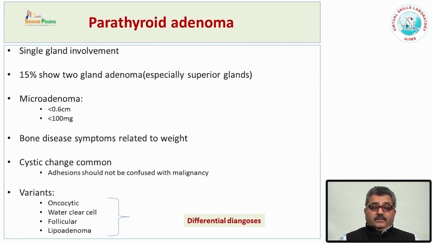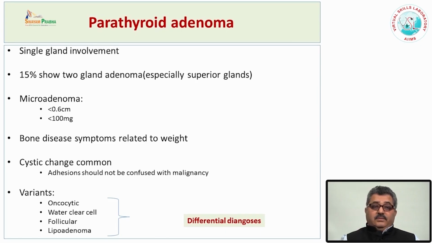Microadenomas are the types of adenomas where the size is very small. The size is less than 0.6 centimeter, or the weight is less than 100 milligrams. Most of the symptoms involve the bones, and there are studies which have shown that the symptoms related to the bones are directly proportional to the weight of the gland.